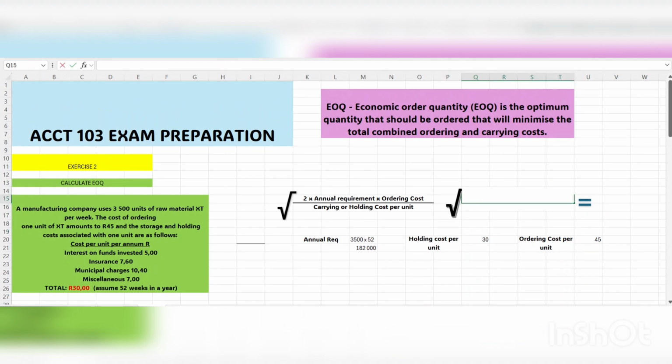So we'll go 2 times 182,000 times 45 divided by 30, and if we work this out, it gives us 738.9, which we can round off to 739. Okay, so it's our final answer. Let's go on to the next one.